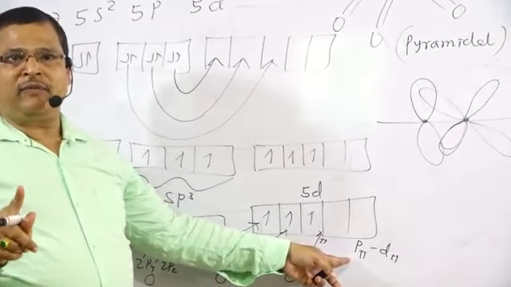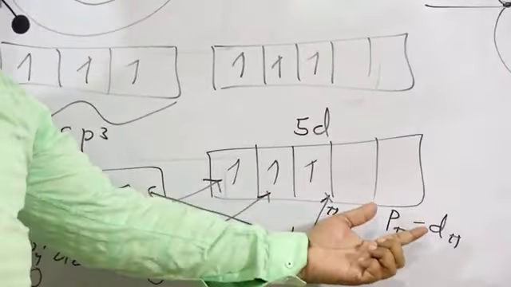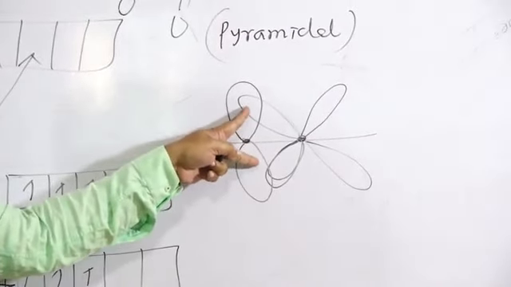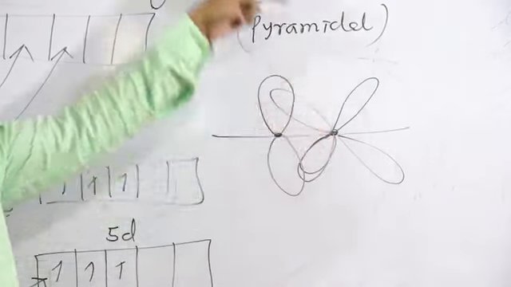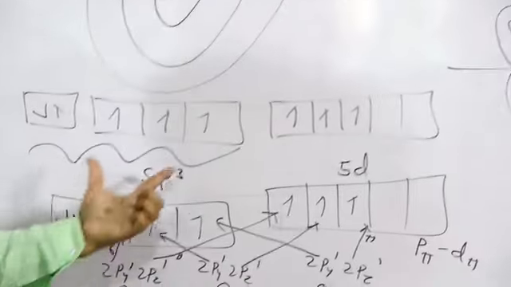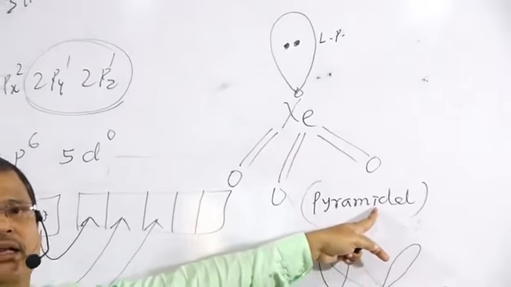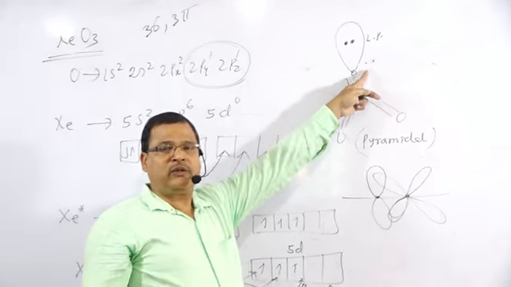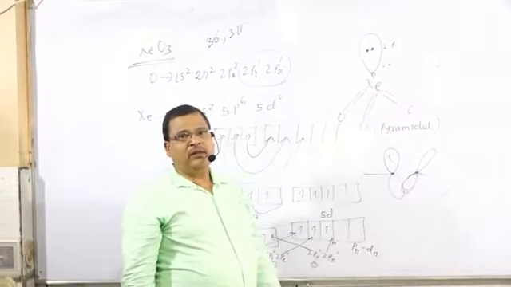The d orbital of xenon and the p orbital of oxygen are involved in lateral overlap for the formation of that pi bond, therefore it is known as p pi d pi bond. Because of the presence of the lone pair, although it has sp3 hybridization, the structure is pyramidal, not tetrahedral.